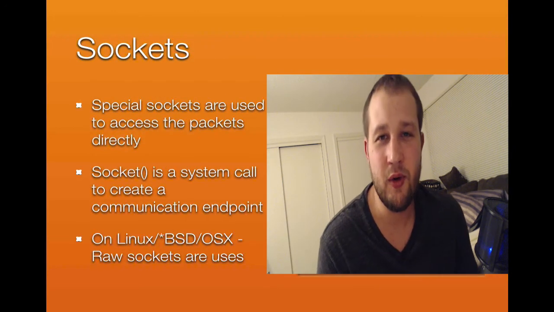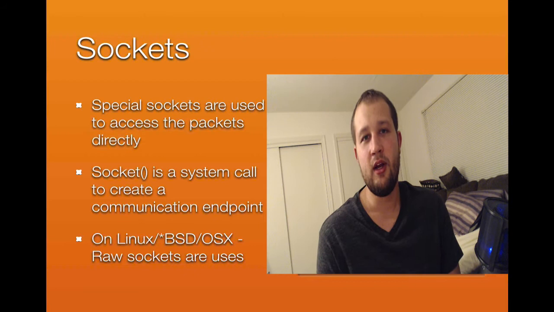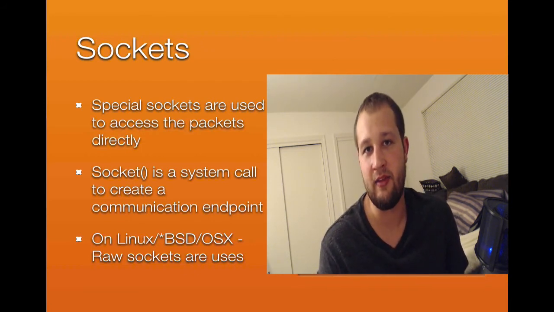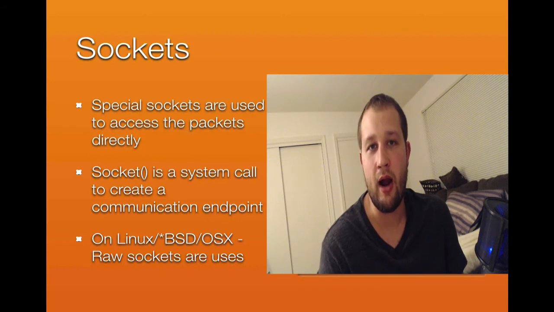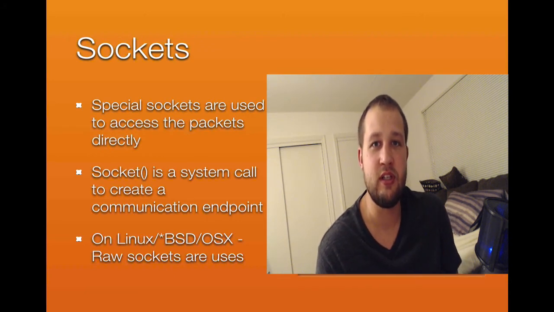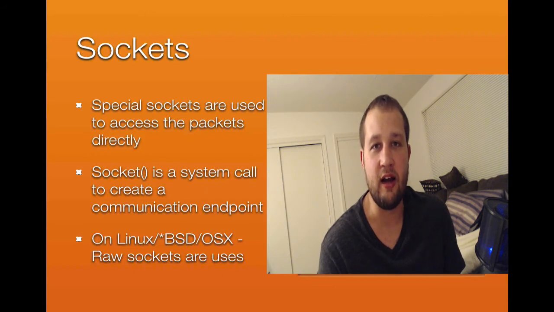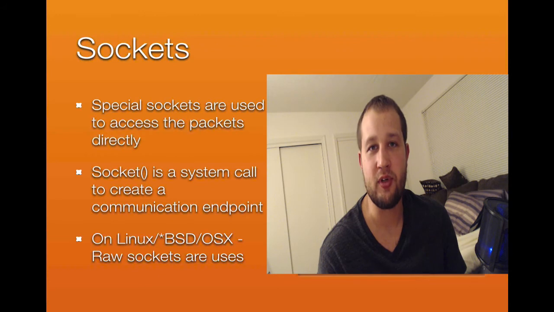Furthermore, we also have sockets. That interface I was talking about that the operating system provides, that the packet capturing application uses, is typically a socket. And the operating system provides a socket called a raw socket that is used to capture these packets in their low-level state.